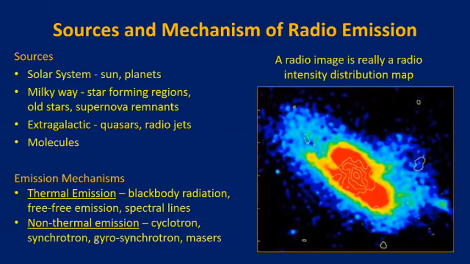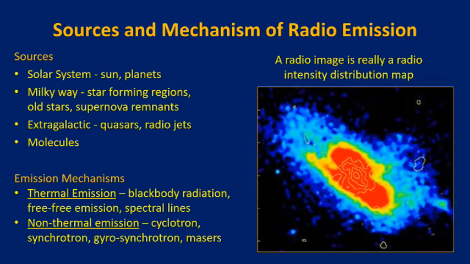You've got other galaxies, quasars that are emitting radio waves, even molecular sources. The two basic kinds of mechanisms, of course, the first is thermal emission, and that's what we typically deal with when we see a hot object that's emitting thermally.